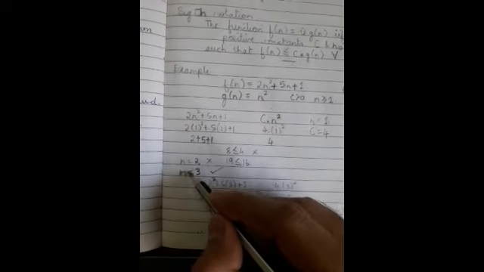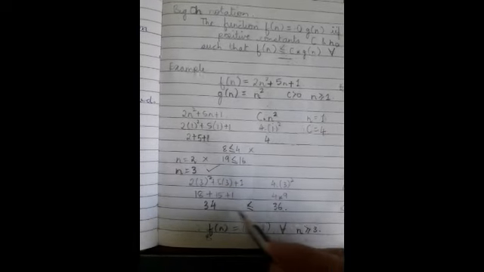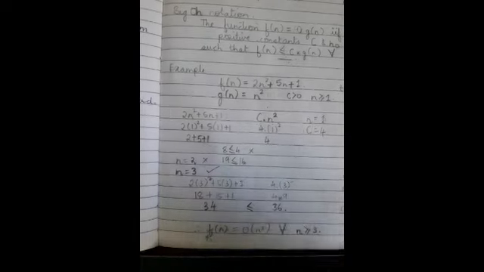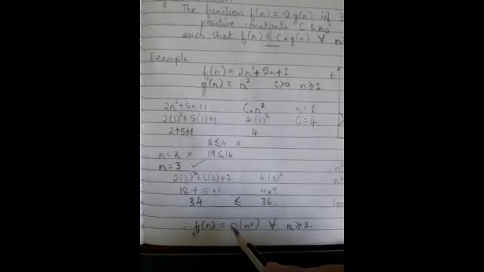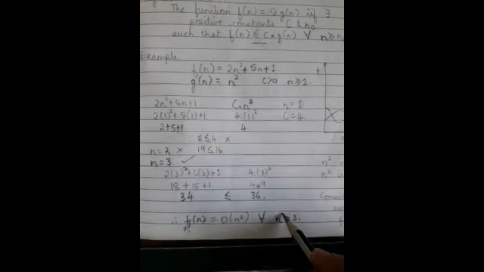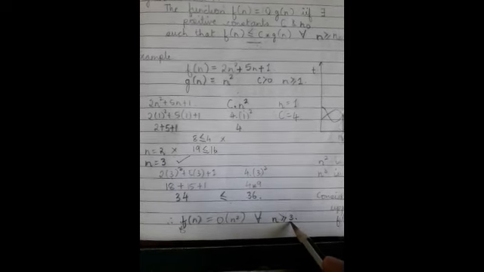If I take n as 4, this condition will also be proved correct. If I take n as 5 also, f of n is equal to big O of n square. That is why it is written as greater than or equal to 3.